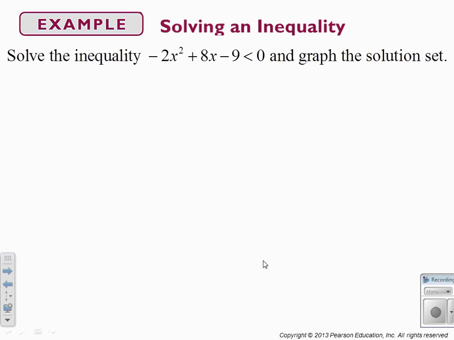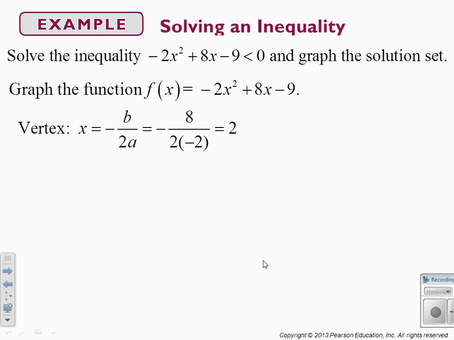We're going to solve the inequality -2x squared plus 8x minus 9 less than 0 and graph the solution set. So we're going to look at our function -2x squared plus 8x minus 9. I know that graph is going to be, my yoga people, a downward facing dog. So if it is a parabola, that is a sad frowny face.